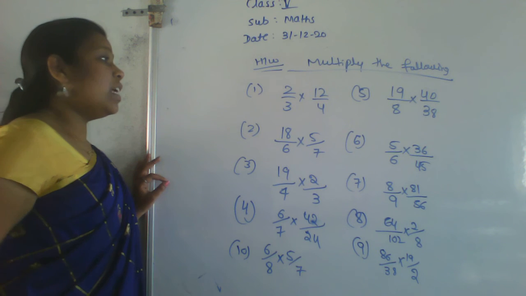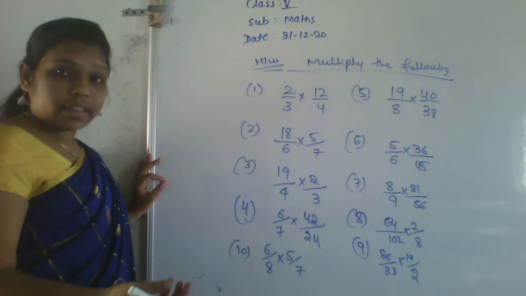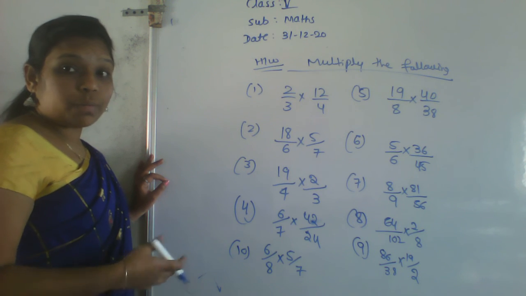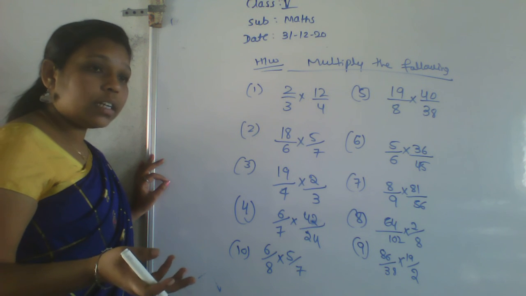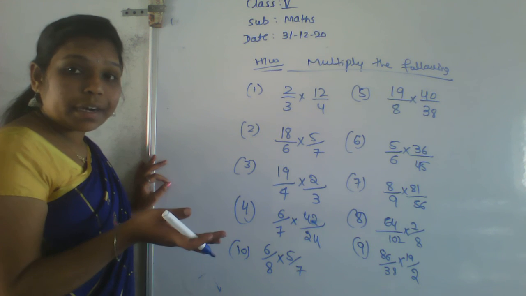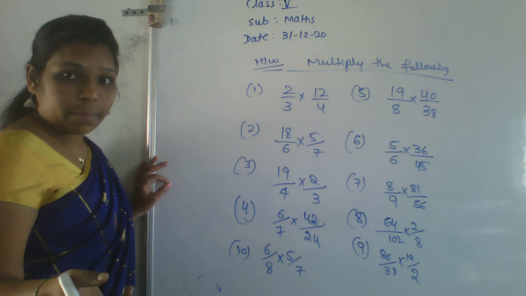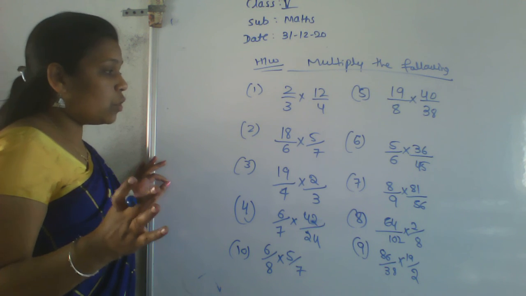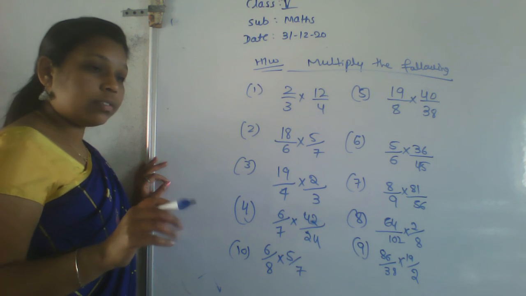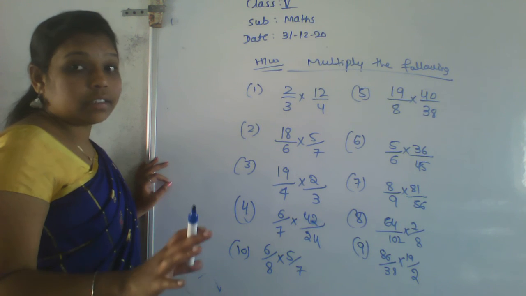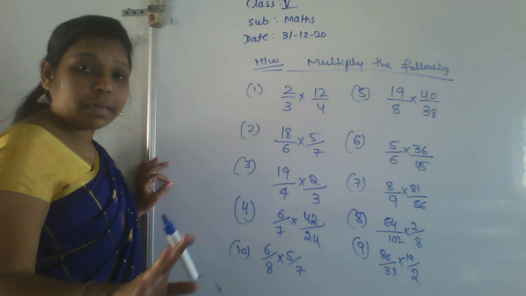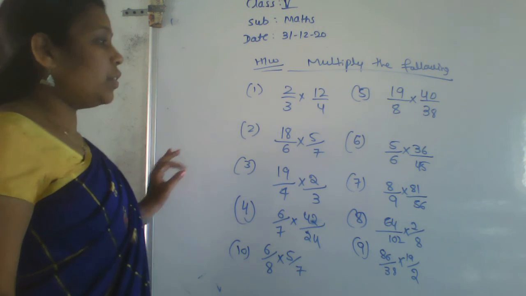If they are in the same table, then we can cancel, and next we have to multiply. If there is no cancellation, then directly multiply numerator and numerator and denominator and denominator and write the product. So observe properly. Wherever cancellation is there, we need to do the cancellation. Don't multiply simply here.